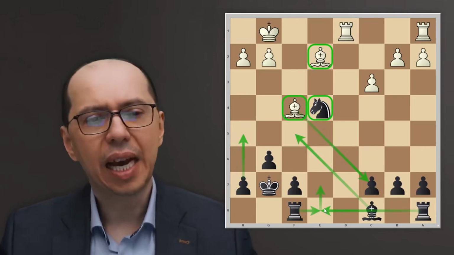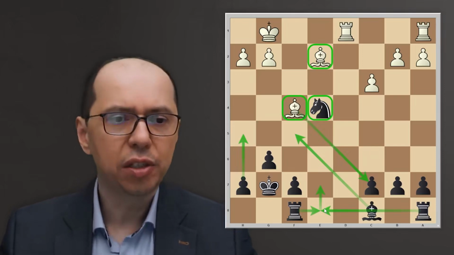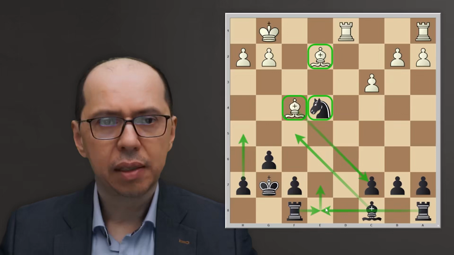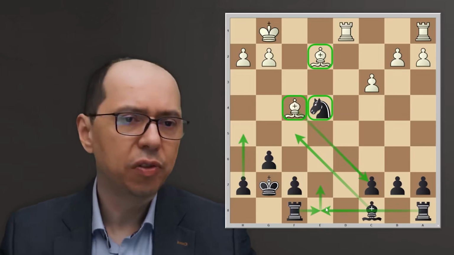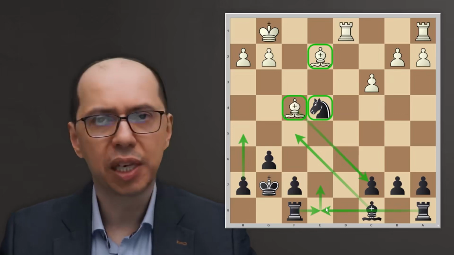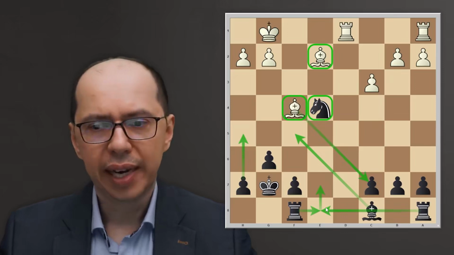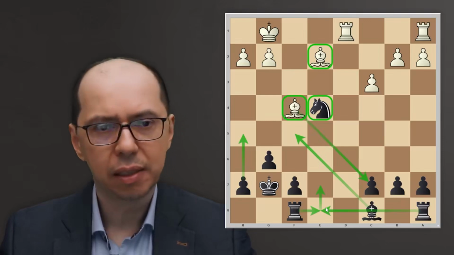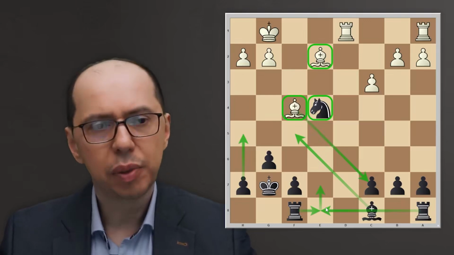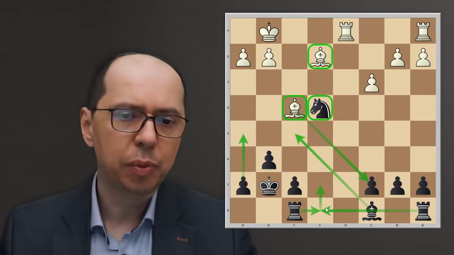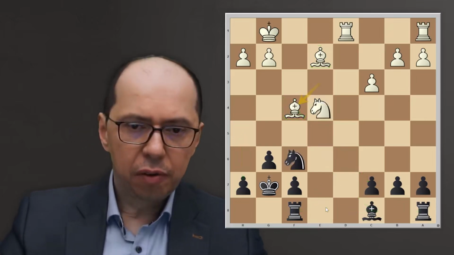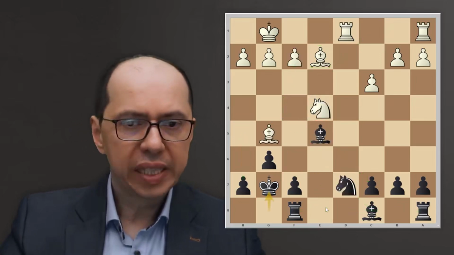And basically, I think that the gist of it is that this knight on e4 is so strong that there is no reason for black to fear the bishops. I don't see what the bishops can do to you in this position. And I think also, potentially if white misplaces their hand, there could be some upside for black in this position too. So this is the story of this ending.